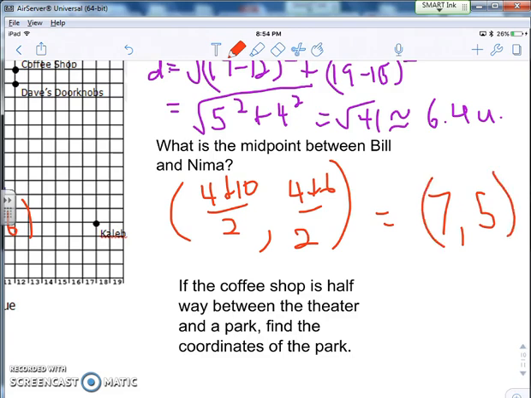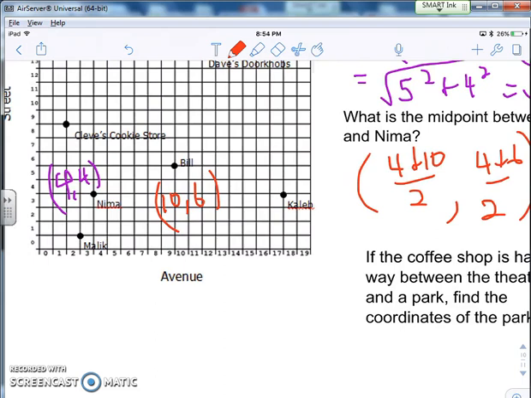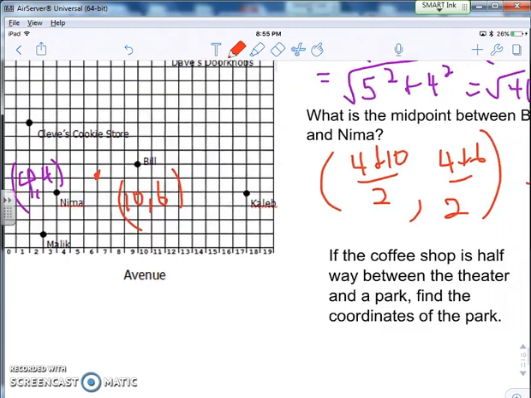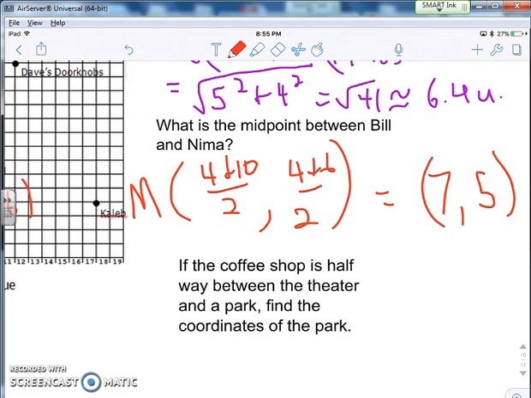Looks like the midpoint should be at 7, 5. And 7, 5 would be about right here. This looks about right. So there's math behind that. If you want to pause and make sure you got that down, go ahead. I'm going to move on.